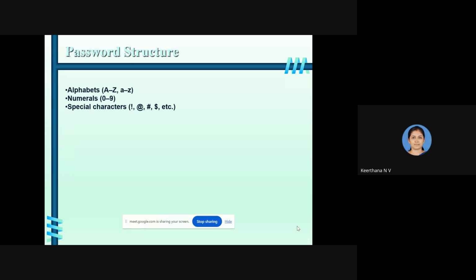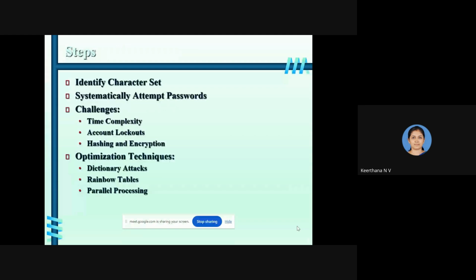So in which way is brute force involved here? First, how does the hacker enable brute force for finding passwords? First, they identify what types of character set are involved. For example, if your password only has lowercase characters, the hacker will be very happy, because he only has to attempt 26 options per position.